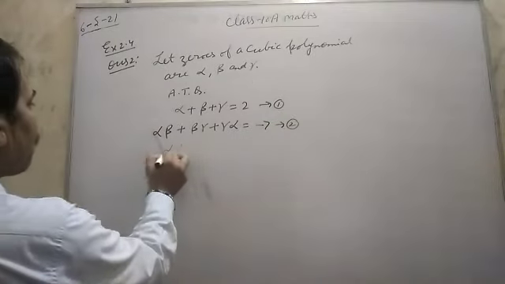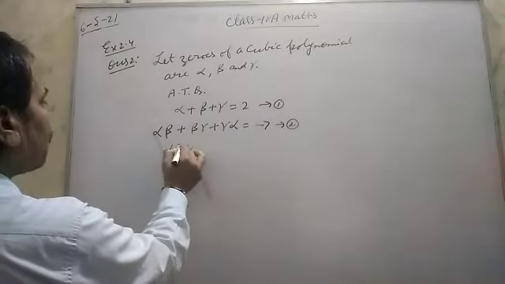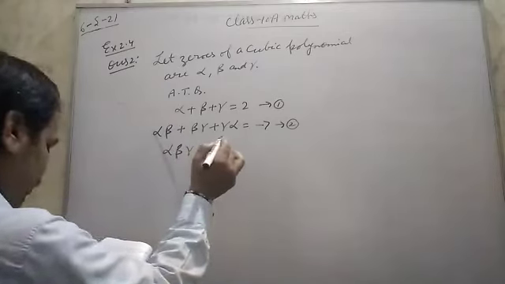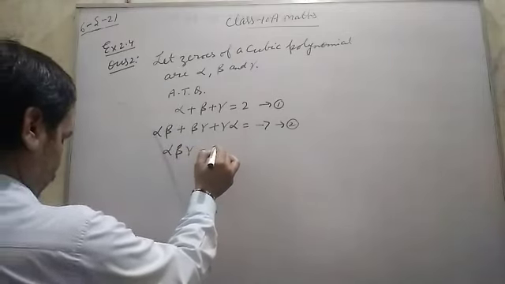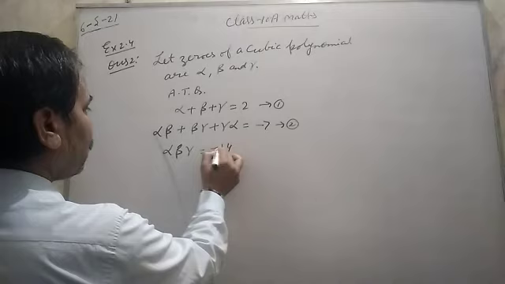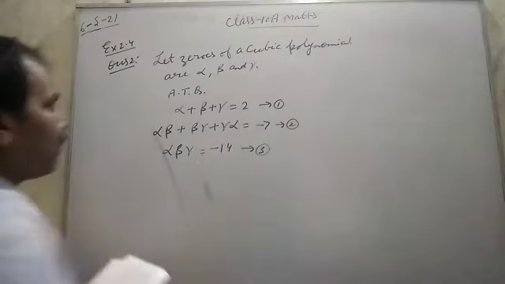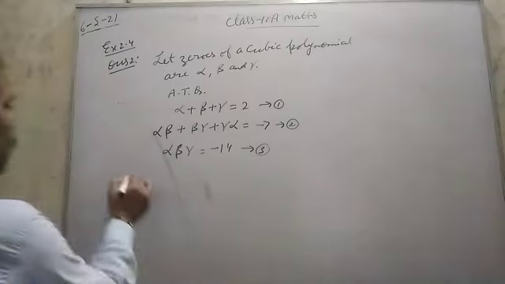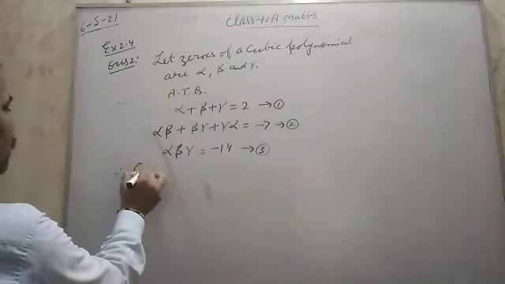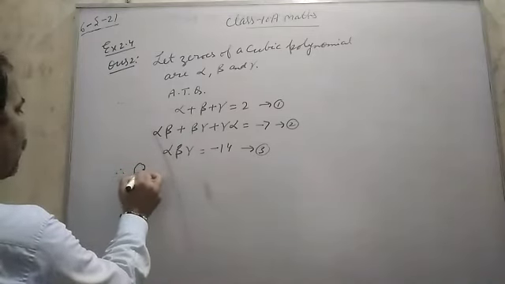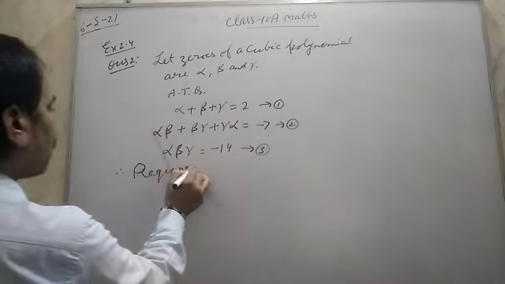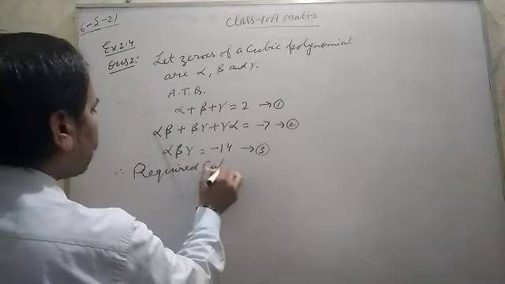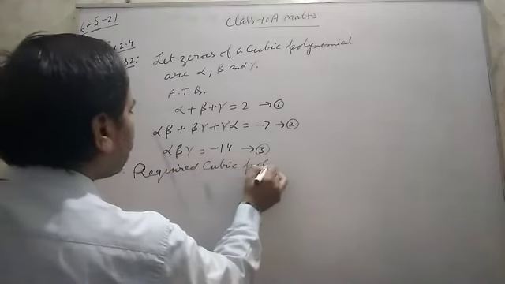And the product of its zeros, alpha beta gamma, is -14. Okay. So we are asked for the required cubic polynomial.